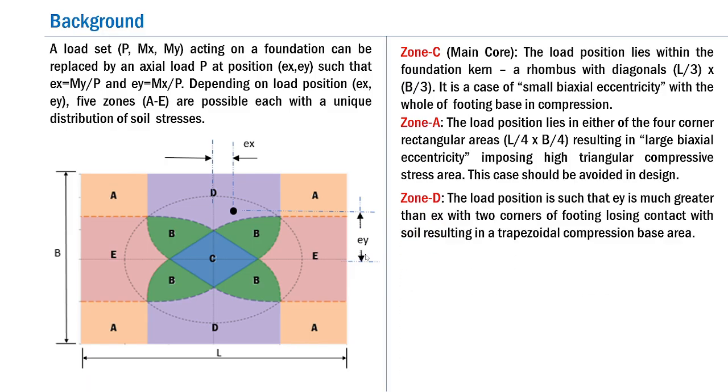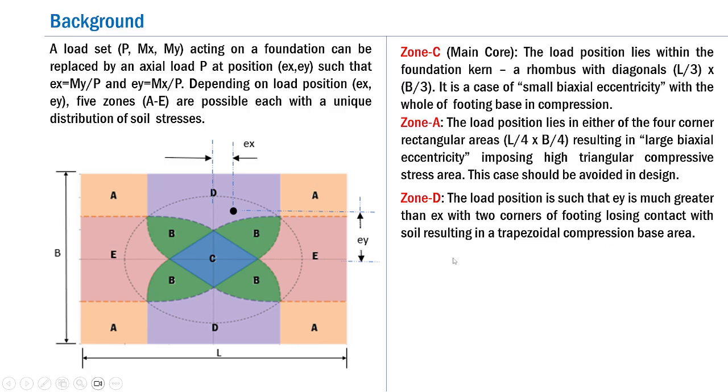Now coming to zone D, these are 2 in number, and the load position is such that Ey is much greater than Ex, with the 2 corners of the footing losing contact with the soil, resulting in a trapezoidal compression base area.